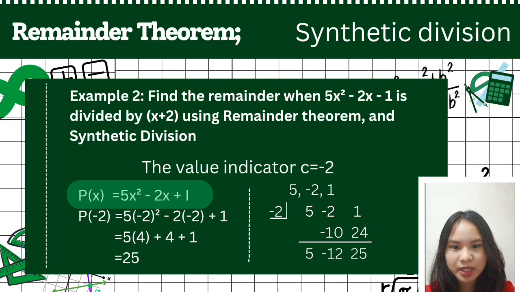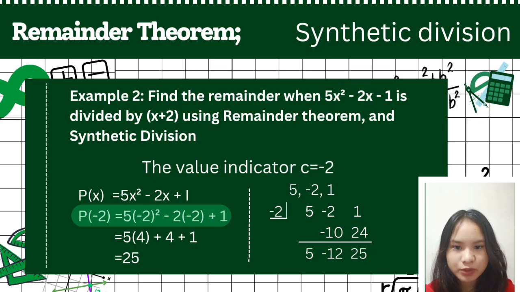So we have P of x equals 5x squared minus 2x plus 1. We substitute negative 2 for the x. So P of negative 2 is equal to 5 times negative 2 squared minus 2 times negative 2 plus 1.